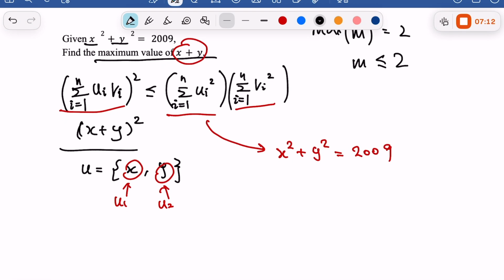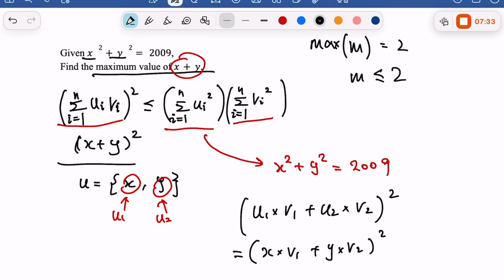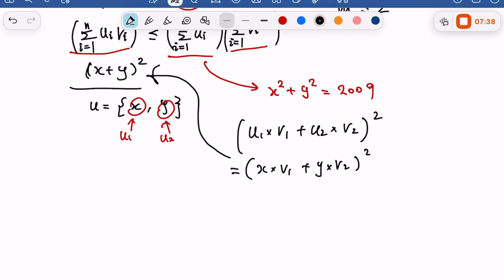So the left hand side would be, and we know that u1 is x. So this is very similar to the x plus y squared that we're trying to look for. So we can just let v1 equal 1, v2 equal 1 as well, and then we'll get x plus y squared.